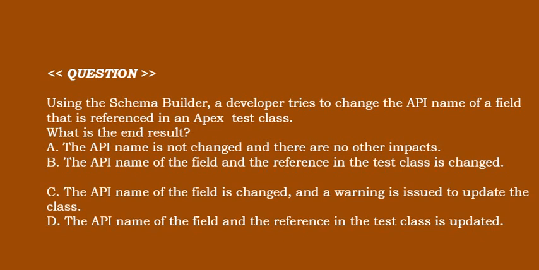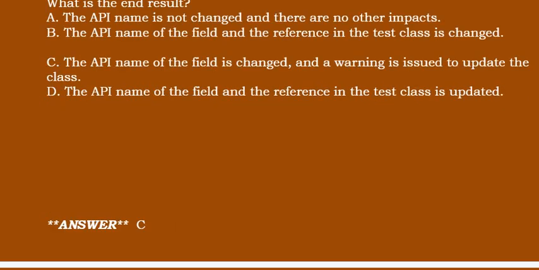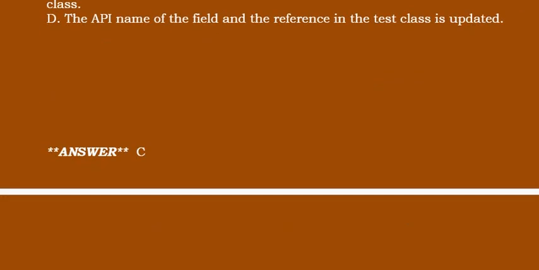Option B. The API name of the field and the reference in the test class is changed. Option C. The API name of the field is changed and a warning is issued to update the class. Option D. The API name of the field and the reference in the test class is updated. Correct answer is option C.